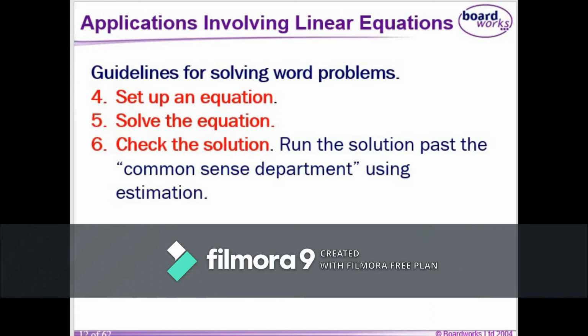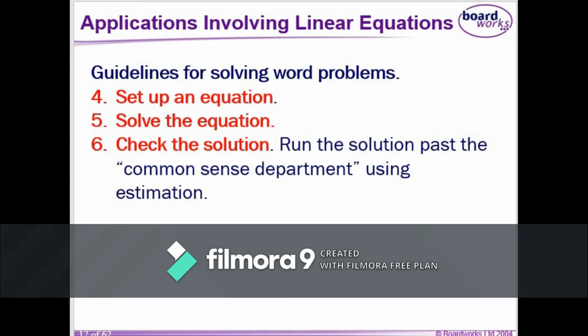Set up an equation. So once we have assigned the variable for the things being asked in the word problem, then we set up an equation, whether we are using multiplication, addition, subtraction, or division. Then we solve the equation.